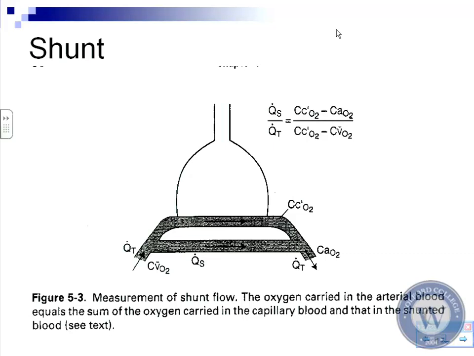Now, when we talk about respiratory, which is what we're talking about right now, we're talking about respiratory shunt, which means that blood is going into the lung, but it is no longer being ventilated. Okay, so that's what we're talking about here today. If I were to give you an example of respiratory shunt, it is main stem intubation.